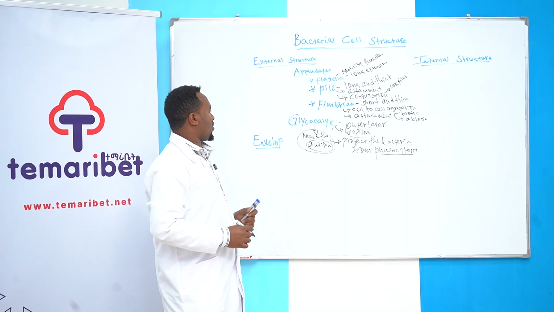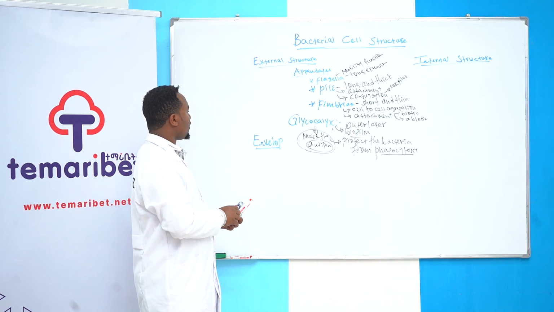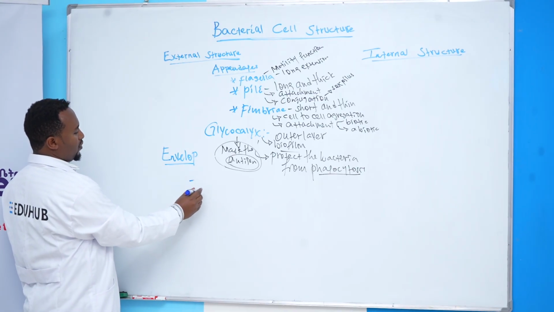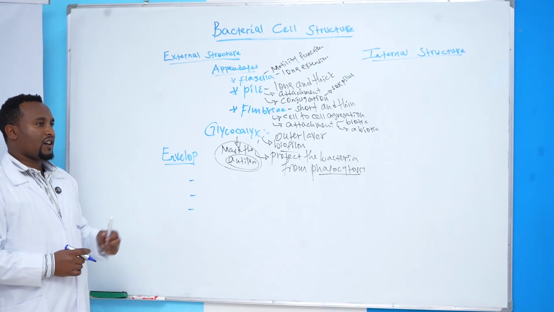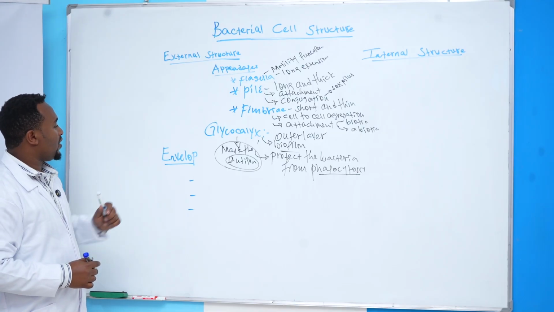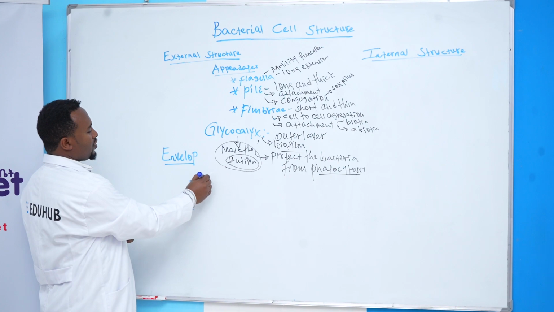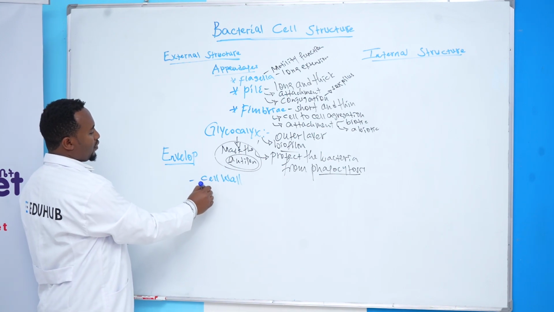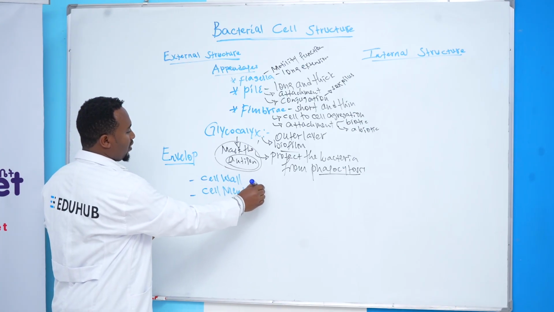So this is the external structure. And the other is the envelope. The envelope of the bacteria depends on the different types of bacteria. There are some layers which are absent in some bacteria and present in others. In general, the envelope consists of the cell wall, and we also consider the cell membrane as part of the envelope.